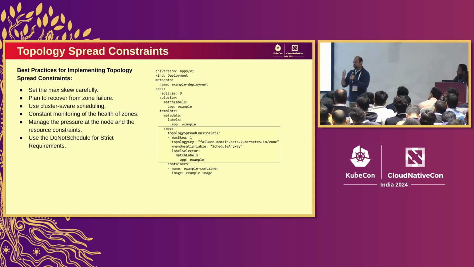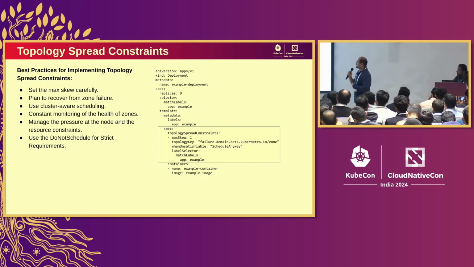The maximum we'll prefer is 1. It should be at a minimum level. You can't afford to have more imbalance across your cluster. Second is plan to recover from zone failure. Even if you have topology spread constraints, make sure you are able to get over your zone failures. That can be done by monitoring or checking your zones throughout.